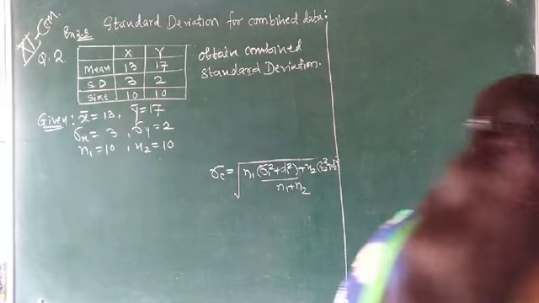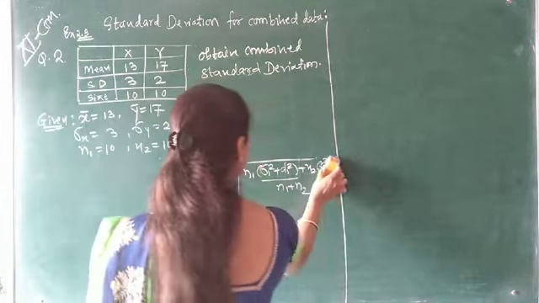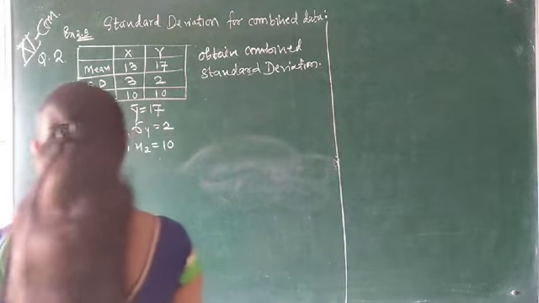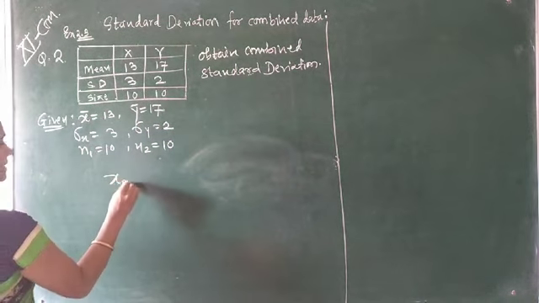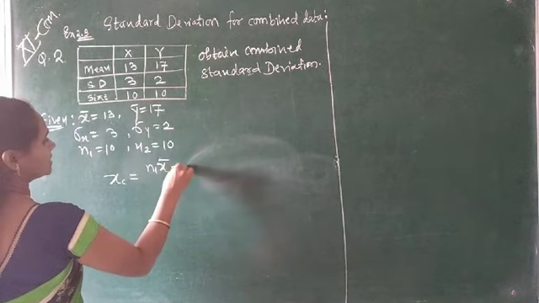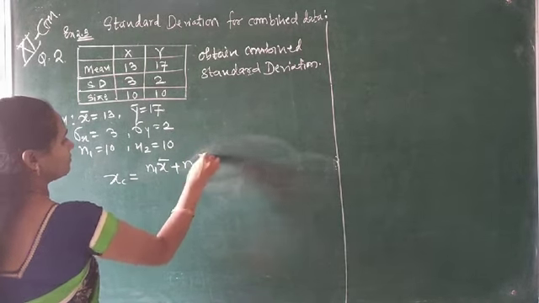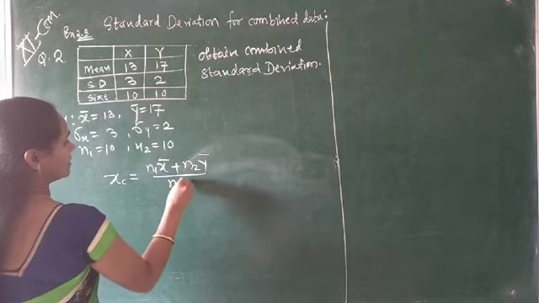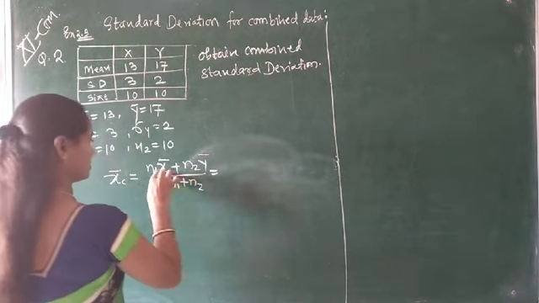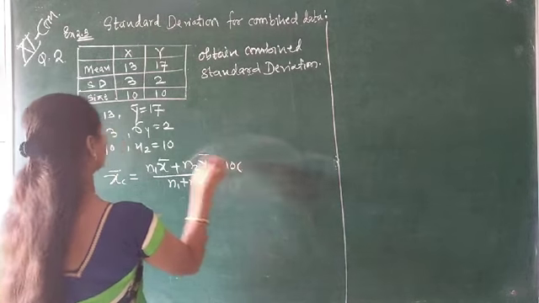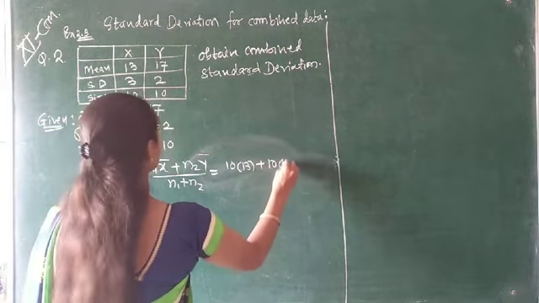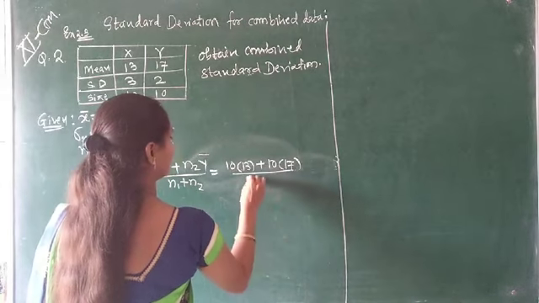So first here we are going to find the combined mean. What is the formula for the combined mean? That is xc is equal to n1 x bar plus n2 y bar divided by n1 plus n2. So n1 is 10 into the mean of the first set, 13, plus 10 into the mean of the second, 17, upon 10 plus 10.